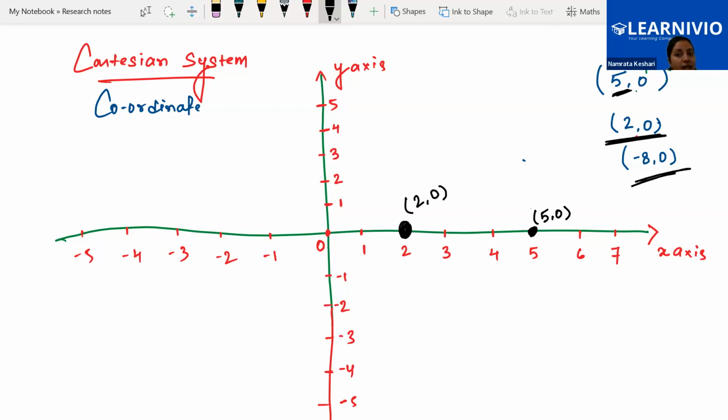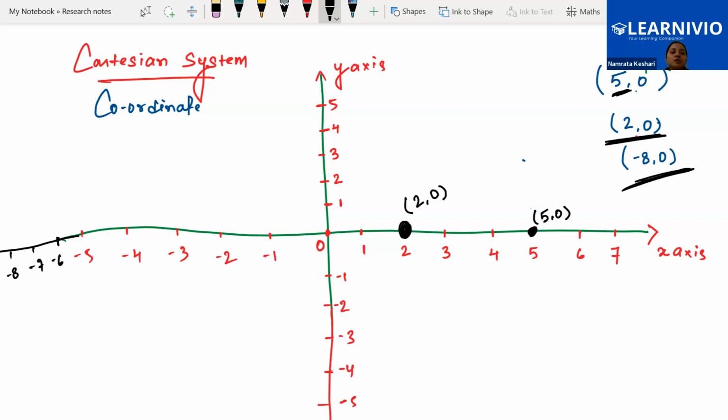Similarly, if we are having minus 8, 0, we understand that the x coordinate, the abscissa, is minus 8. Minus 5 we can see over here, but after that minus 6 will be there, minus 7 will also be there, minus 8 will be there. How long will it go? It will go till minus infinity on the left-hand side, and on the right-hand side it will go till plus infinity. 7, 8, 9, 10, 100, 1000 will be there.